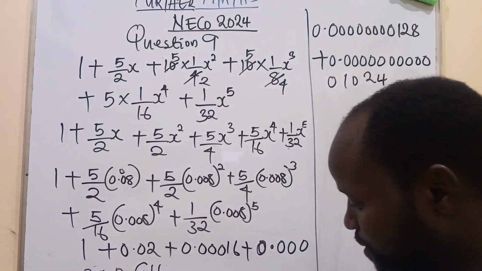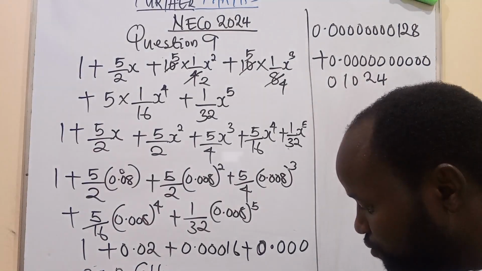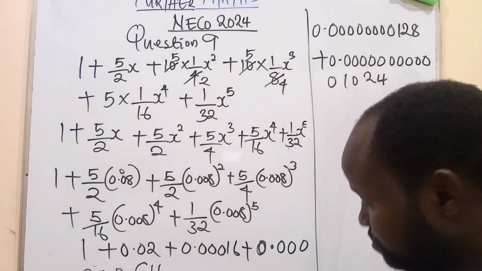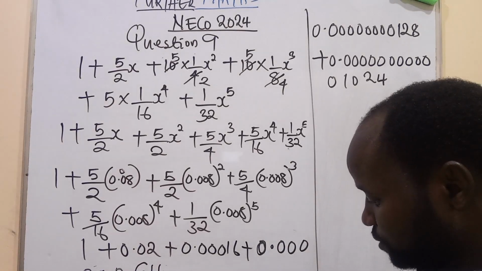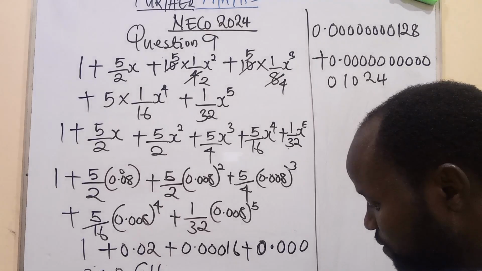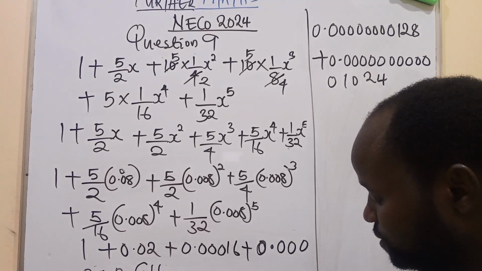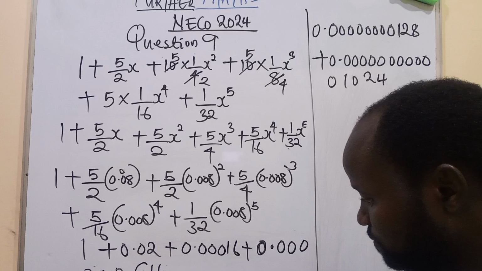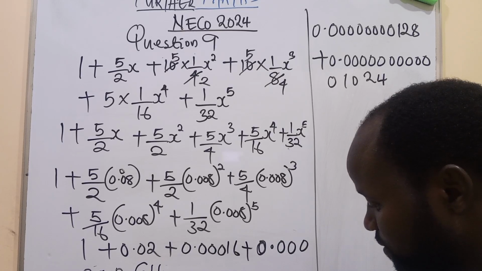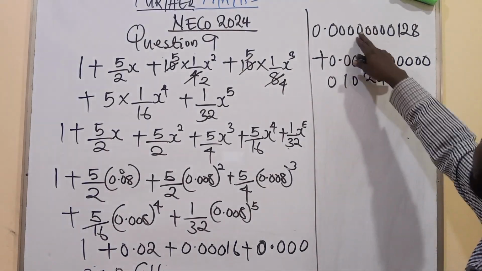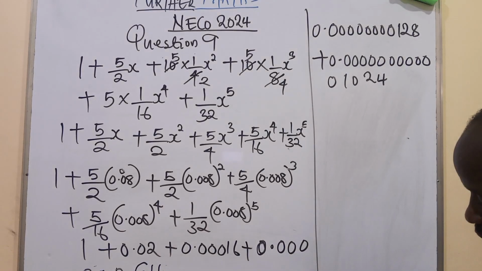Okay, so we can sum now. 1 plus 0.02, then plus 0.00016, plus 0.0000064. Then plus about 8 zeros here, plus 0.000000000128.